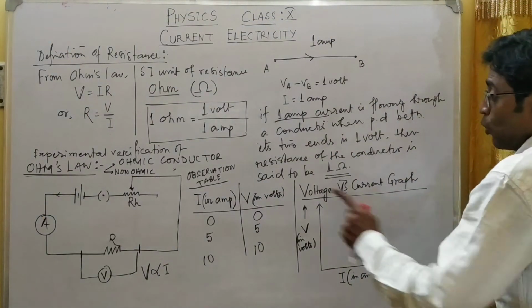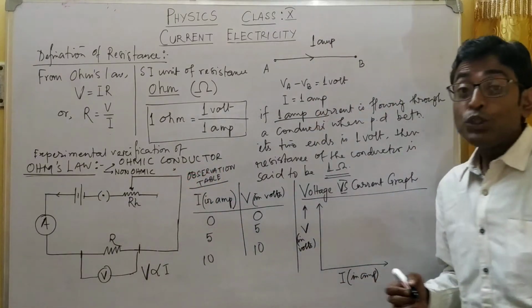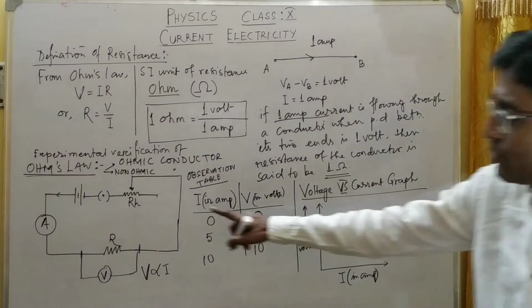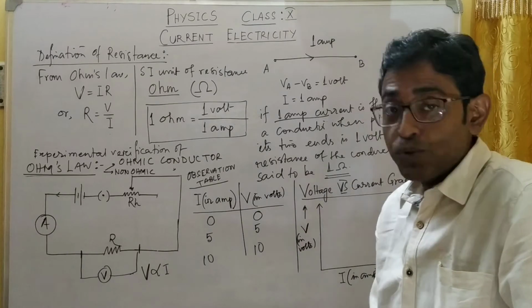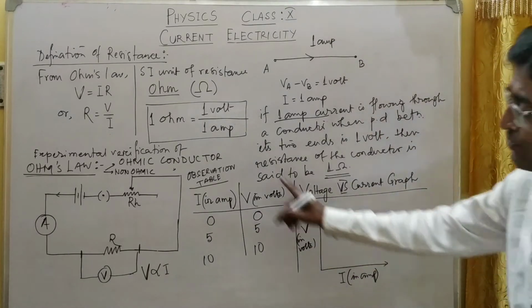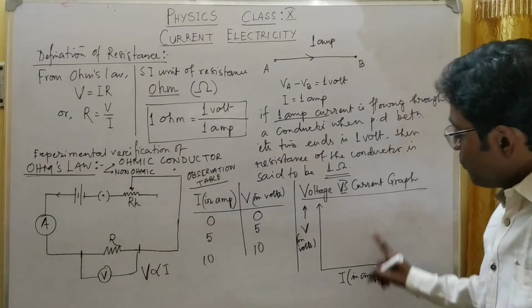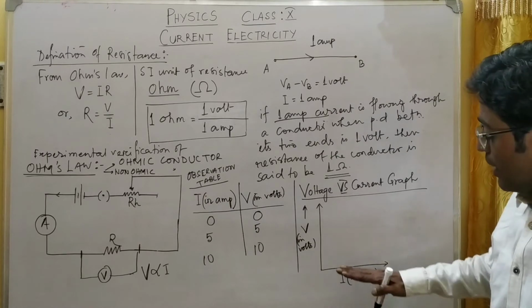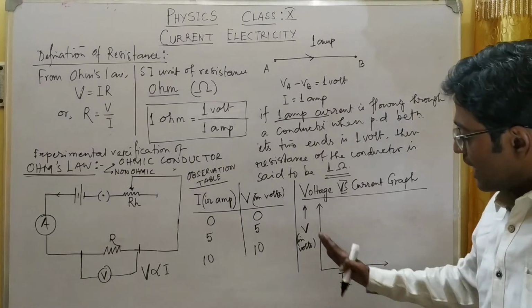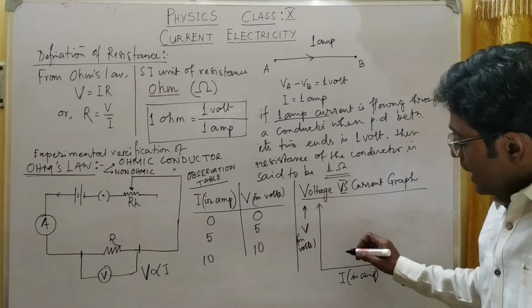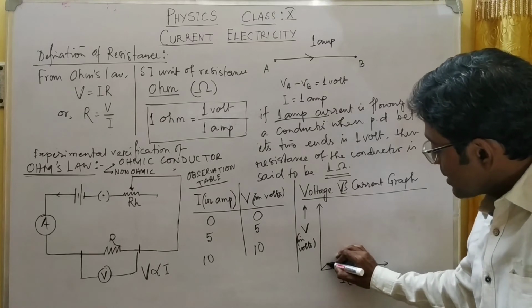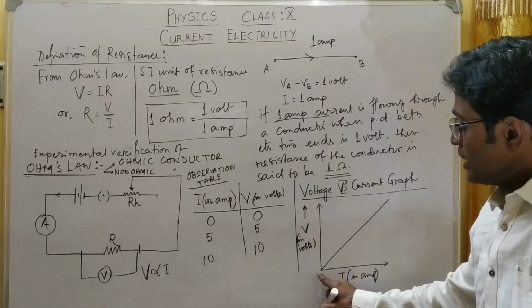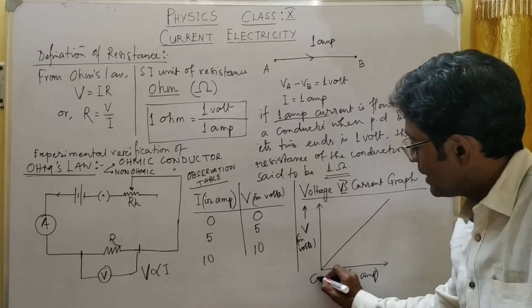So we are taking an ohmic conductor, which obeys Ohm's law, because we are proving the experimental verification of Ohm's law. So remember, if we do that experiment and plot the graph keeping current on the x-axis and voltage on the y-axis, you will get a straight line which passes through the origin.